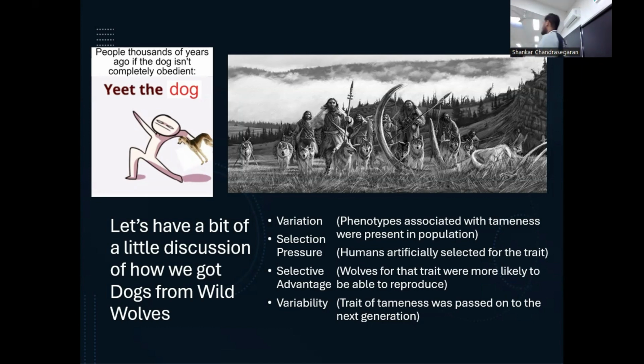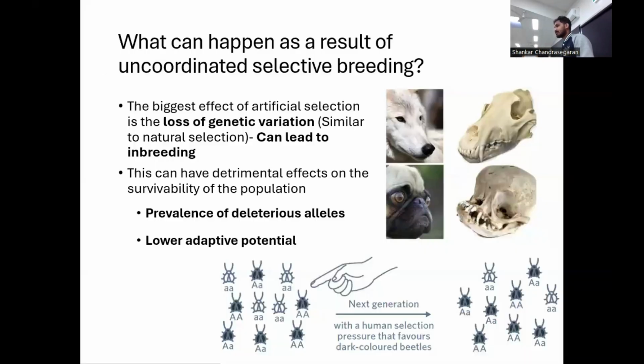The selective advantage is that because those wolves were gaining a selective survival advantage, they were more likely to reproduce. As a result, the traits for tameness were further passed on from one generation to the next, actually improving that trait over many generations to generate the dogs that we see today.